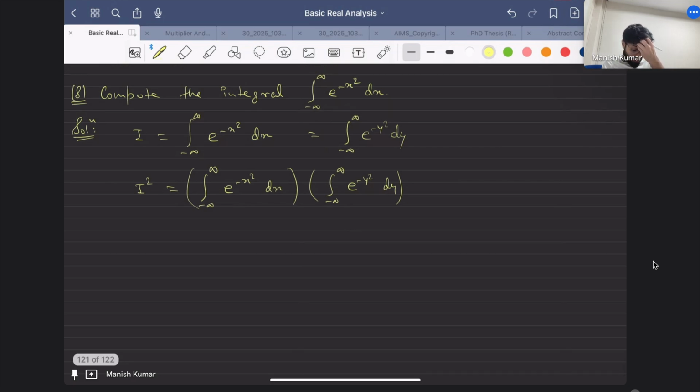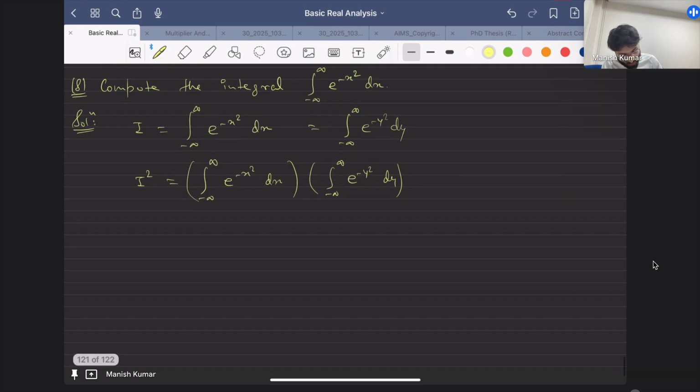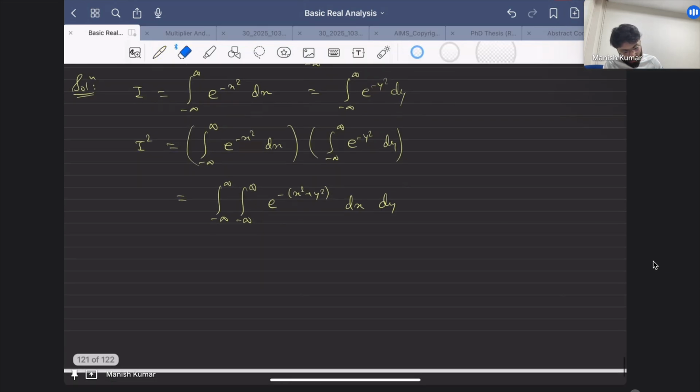Now if I combine this together, this is minus infinity to infinity, minus infinity to infinity, of e to the minus x square plus y square, and let's say I'm writing it as dx and then dy. Now here one can use polar coordinates, correct?